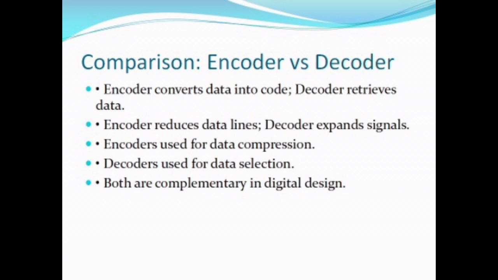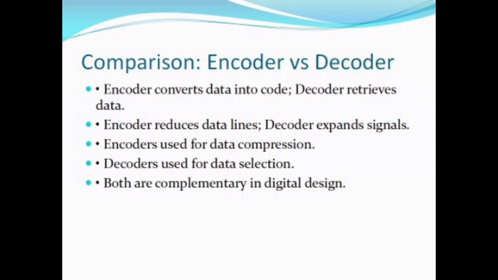Now the main comparison of encoder and decoder. The encoder is used for data compression, whereas the decoder is used for data selection. The encoder converts data into code format, whereas the decoder converts the code back to the original form.